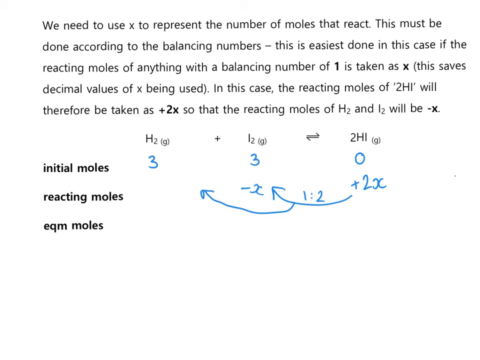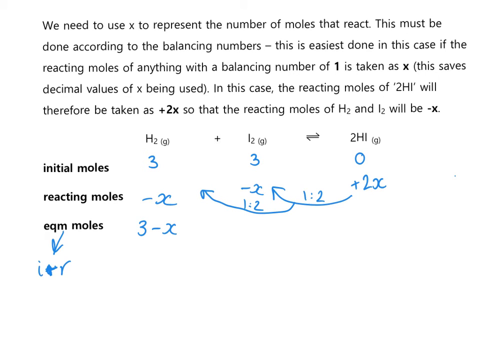And then we use our ratio again to get the number of reacting moles of hydrogen. What's that going to be? It's going to be minus x as well. Good. Equilibrium moles is just initial plus reacting. So what's it going to be for hydrogen? 3 minus x.